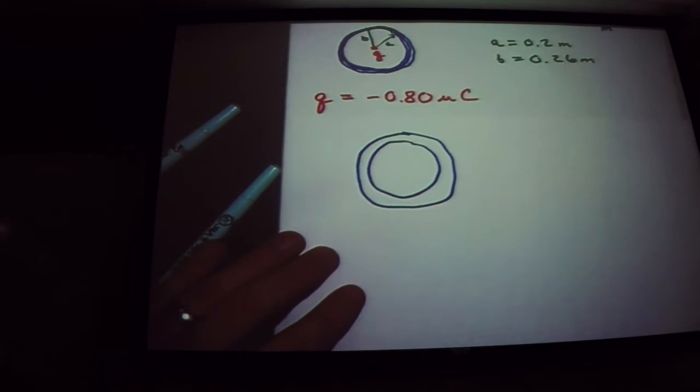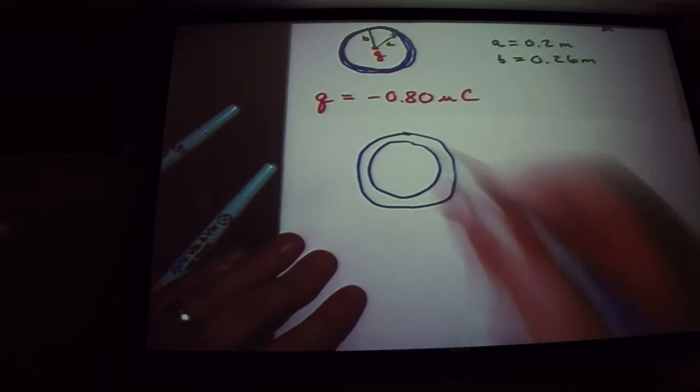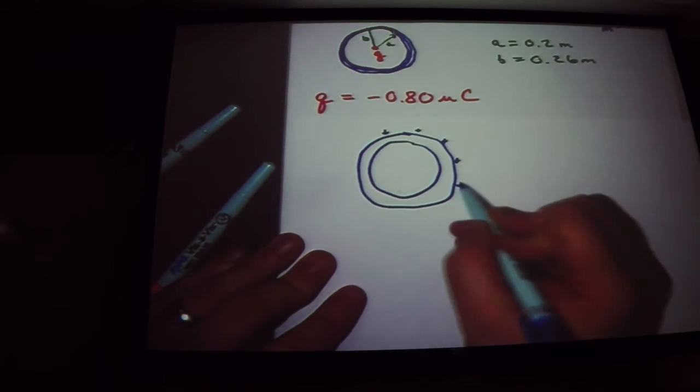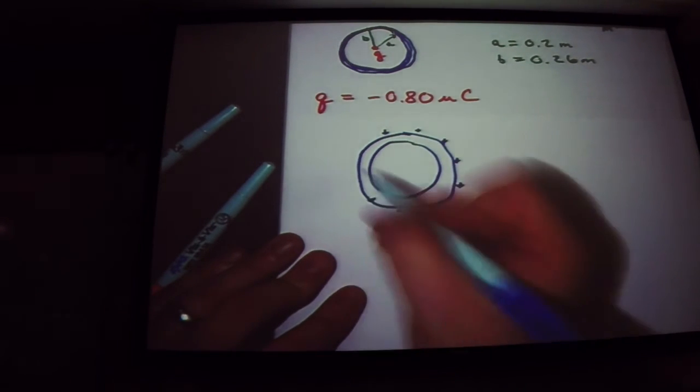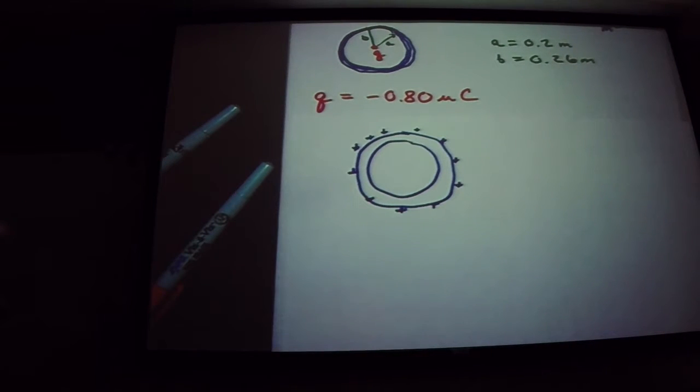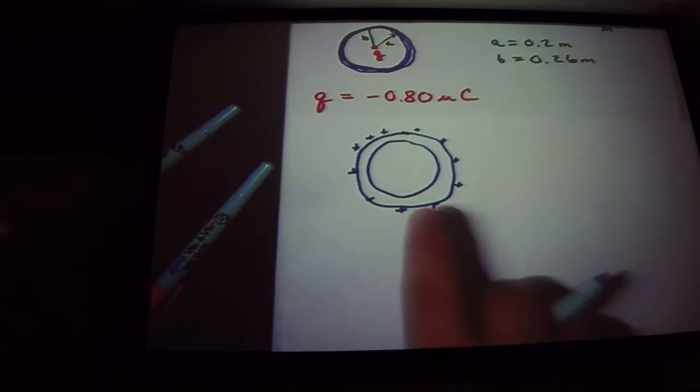Where are they going to be? Uniform. They're going to be on the shell, on the outside of the outer shell. That's where they're going to be. So I'm going to throw this problem out, just to let you know, because I don't like the fact that you're not told which one it is.